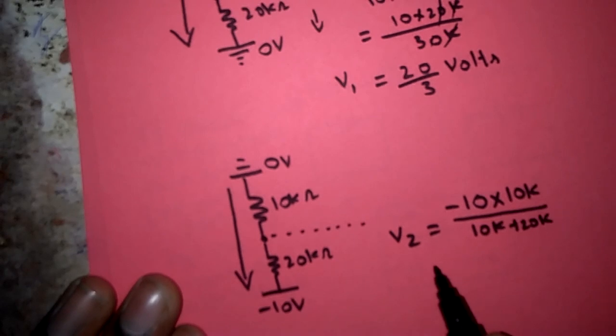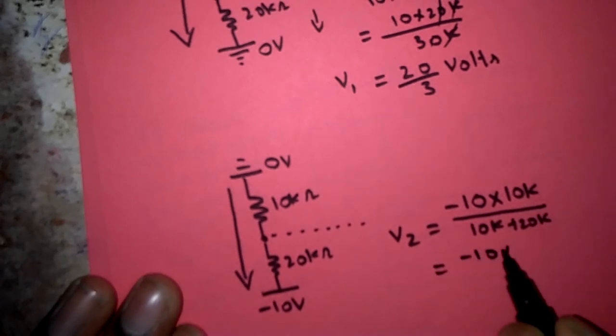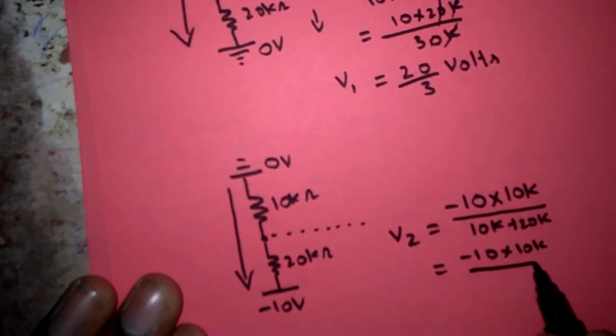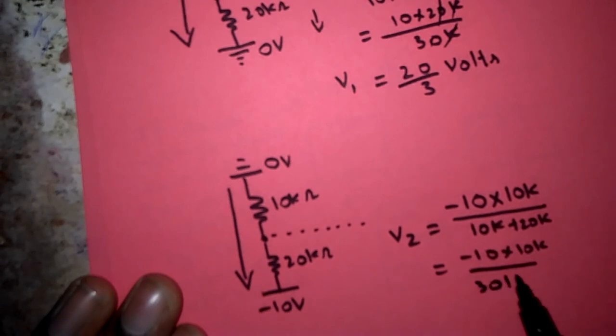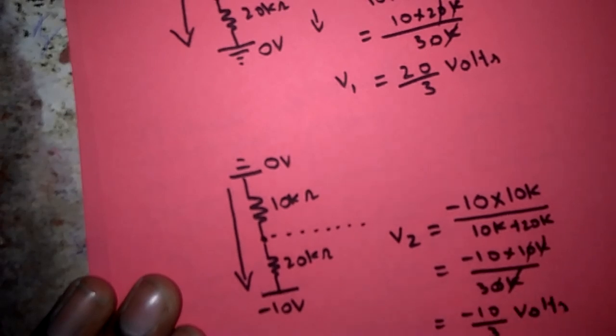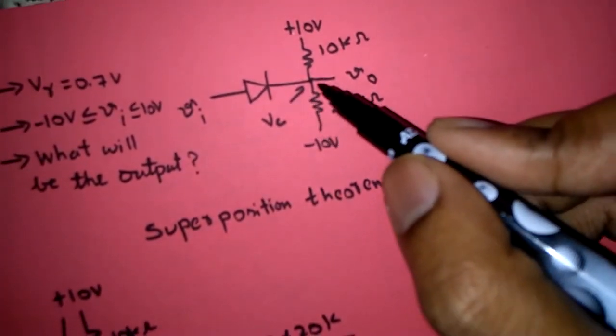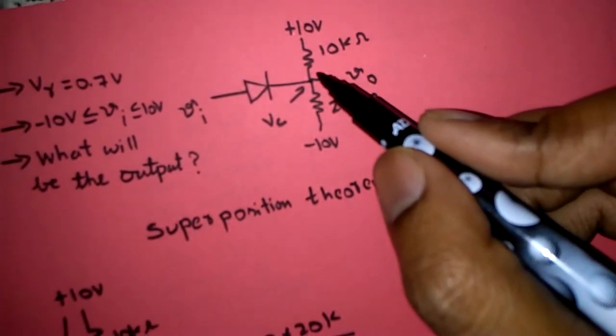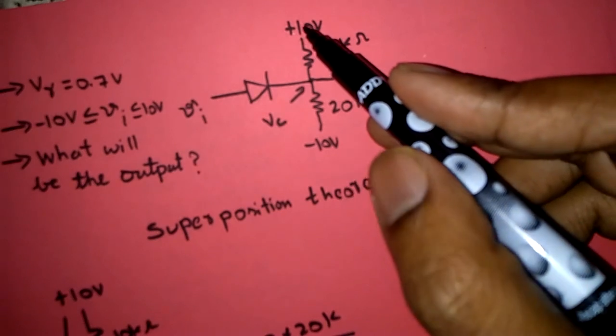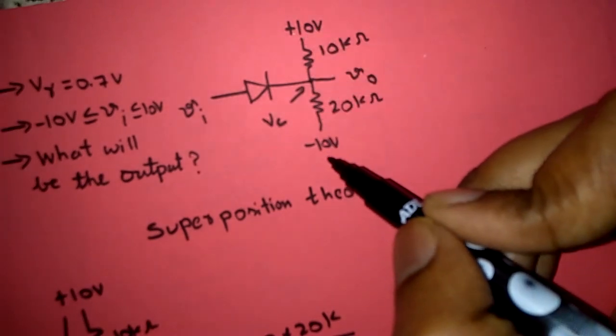If I simplify this, I will get minus 10 into 10k divided by 30k. K cancel, 0 cancel. It is simply minus 10 by 3 volts. Actually, the actual voltage at this point we see is the algebraic sum of individual responses of this 10 volts and minus 10 volts.